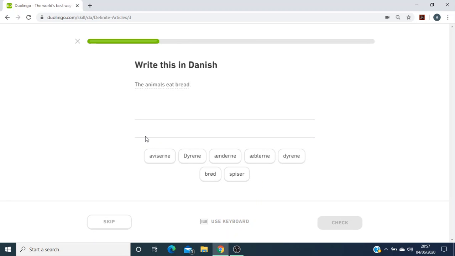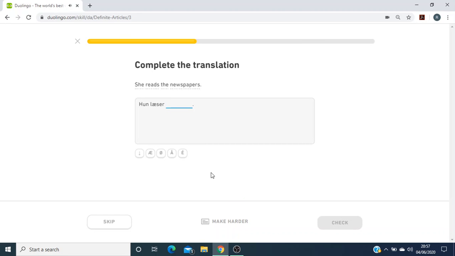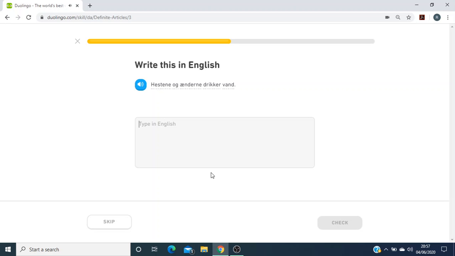The animals eat bread. So, dyrene spiser brød. She reads the newspaper. That's hun læser avisen. Yes. Hestene og ænderne drikker vand.